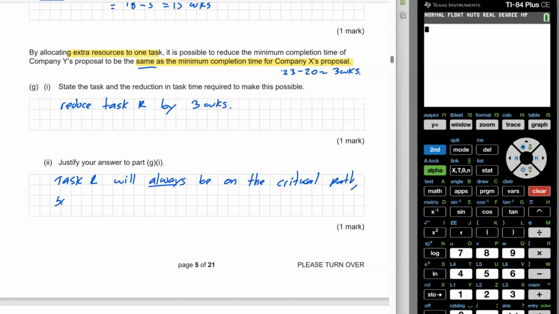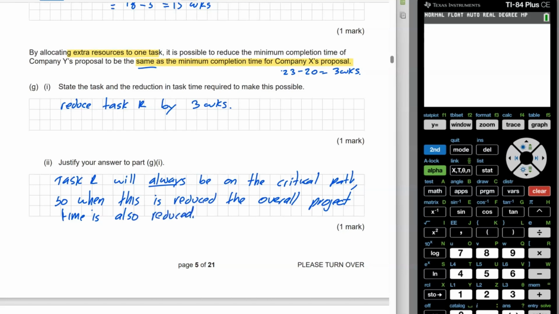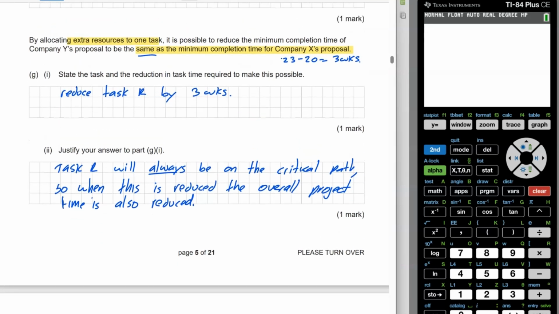So when this is reduced, the overall project time is also reduced. Okay, and that's it.